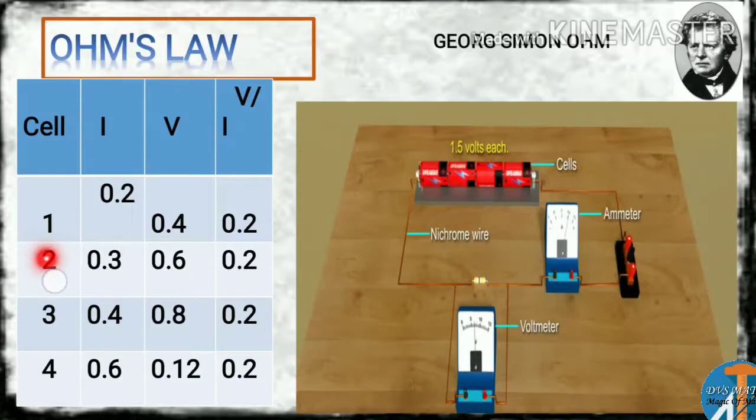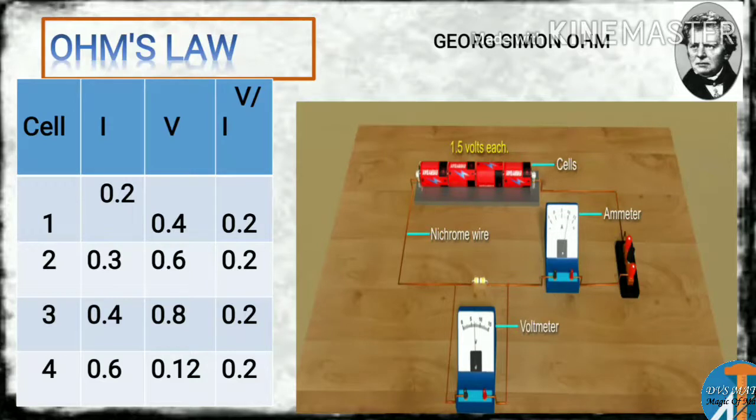When he used one cell of 1.5 volt, in the ammeter he saw a reading of 0.2 ampere, voltage 0.4, and if we divide V by I, he got the constant value 0.2.